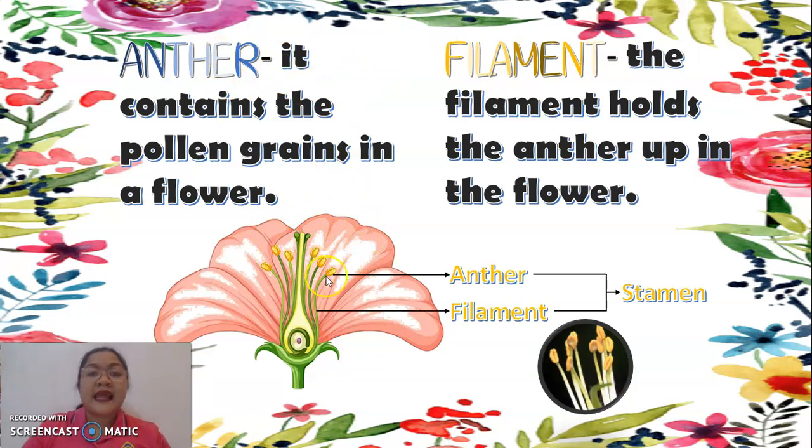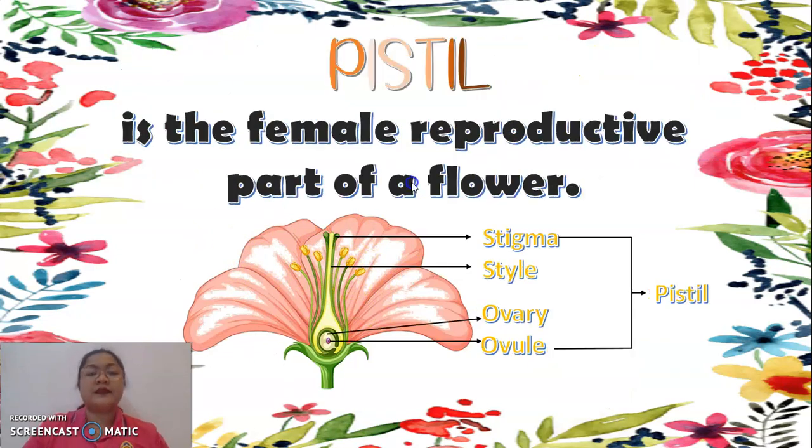Again, anther contains pollen grains. Filament holds the anther. Next, pistil. The pistil is the female reproductive part of a flower. Again, stamen is the male reproductive part and the female is the pistil.